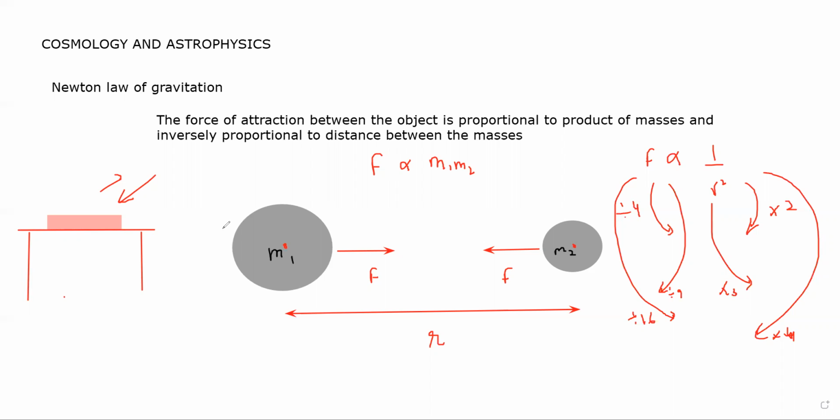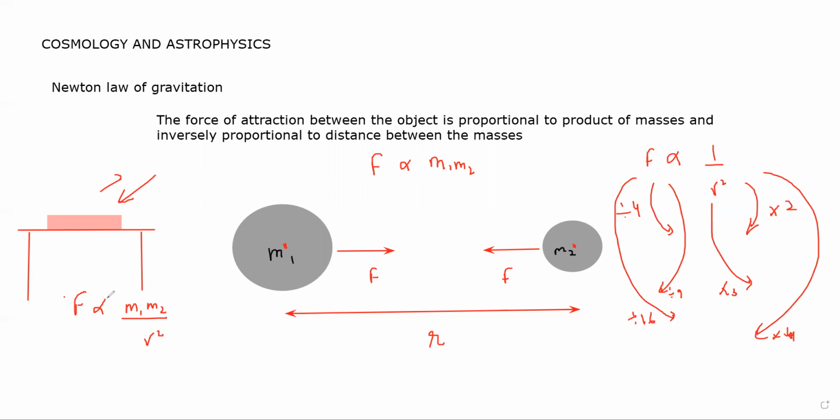When we combine these two factors, according to Newton's law of gravitation, the force of gravity between the two objects is proportional to the product of the masses and inversely proportional to the square of the distance between them. So when we write it, we can say F, the force, is proportional to the product of the masses m1 m2 and inversely proportional to the square of the distance between them, r square.